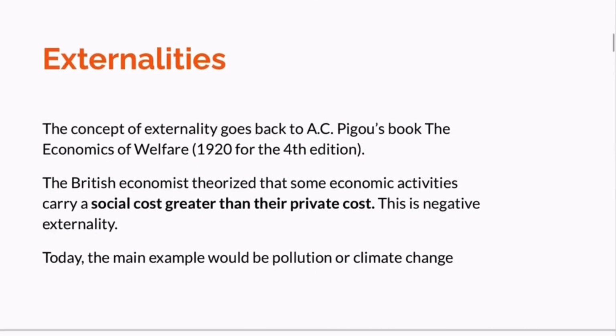This concept of externalities was introduced by Pigou in his famous book, The Economics of Welfare, and he said that there are some activities which have a cost which is greater than the private cost. So when he said that, he basically meant that there are certain costs which are not accounted for when the price is discovered in the market.